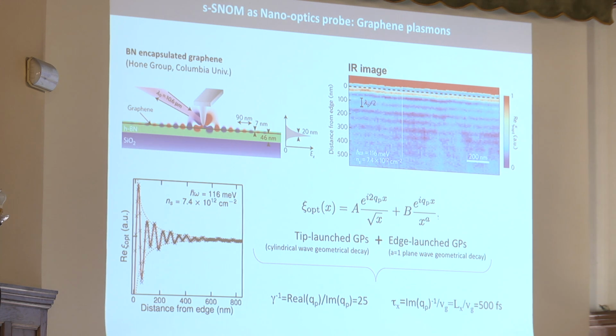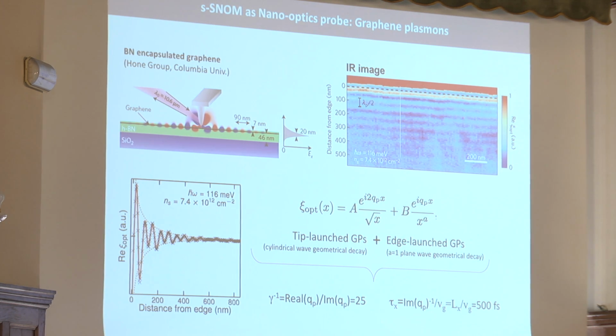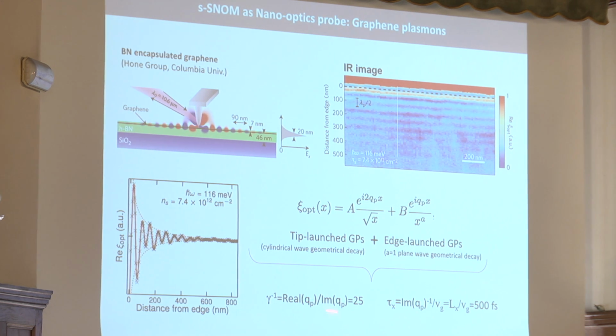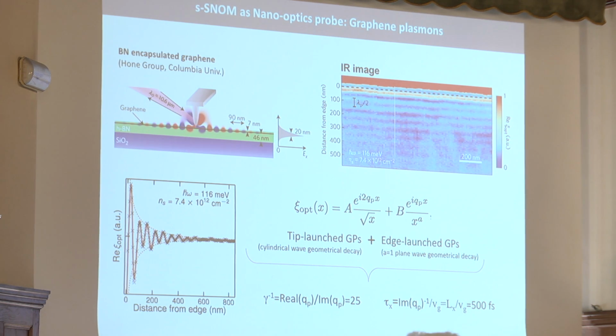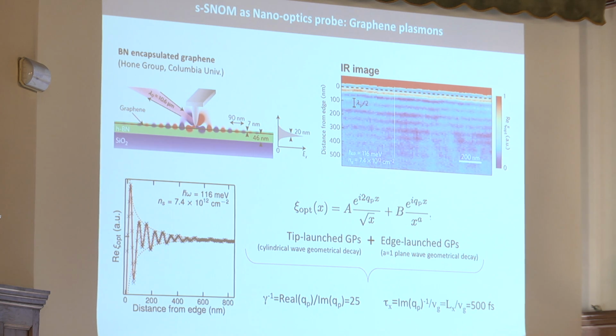With all together, you can give numbers, and one number used in the community is a kind of quality factor of propagation properties: basically the propagation length divided by the wavelength. So how many wavelengths is the graphene plasmon propagating? 25, 20. It depends; some people use the field, others check the intensity. There are a lot of variations in the papers. But more or less, how many wavelengths it propagates.